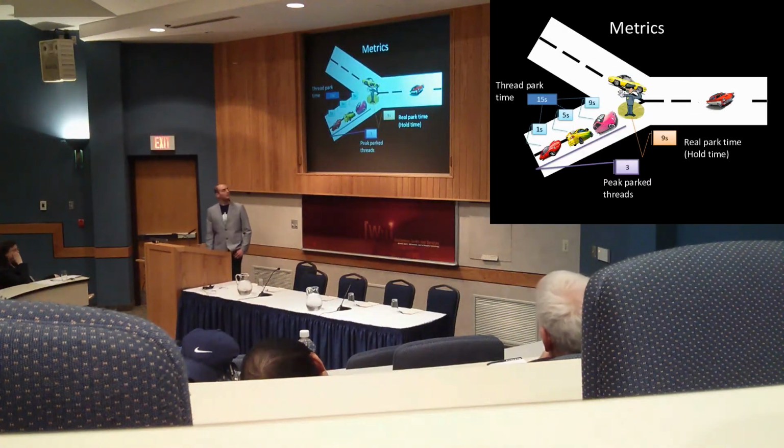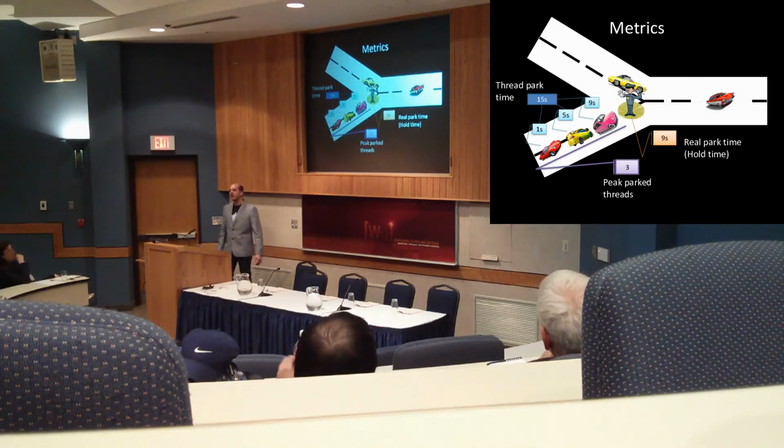So let's discuss a little bit of our metrics. We have the thread park time. This is the sum of all the parking times that all the threads had to wait on a particular lock. For example, if we have 1, 5, and 9 seconds for that lock over there, the thread park time is 15 seconds. We also have the peak parked threads.